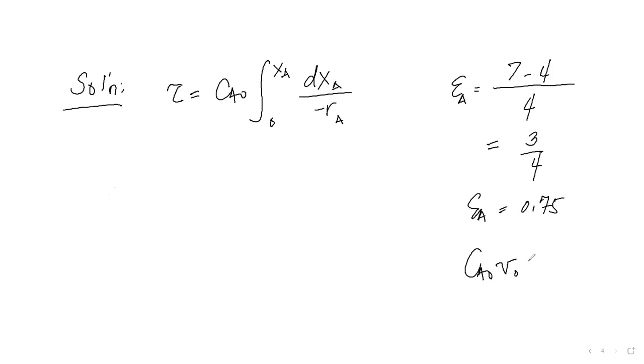C A0 V0. What is this equal to? Sarah is saying FA0 over V0. Very good, Sarah. So this is your relationship actually of C A0 V0 relating it to FA0. So when Sarah suggested that C A0 can be expressed in terms of FA0, then you can have C A0 equal to FA0 over V sub 0.